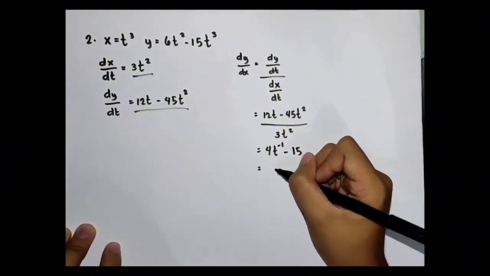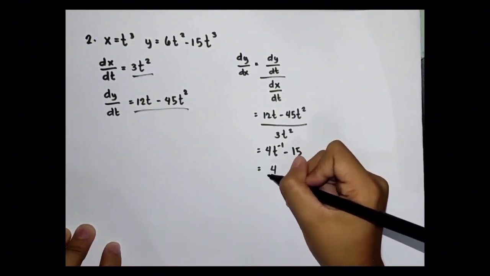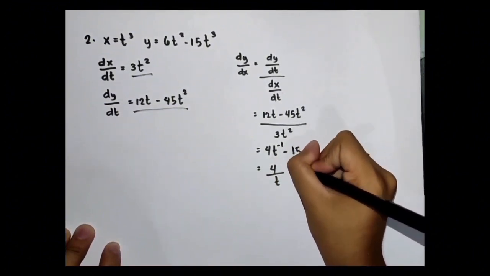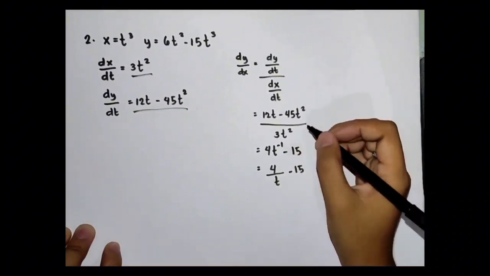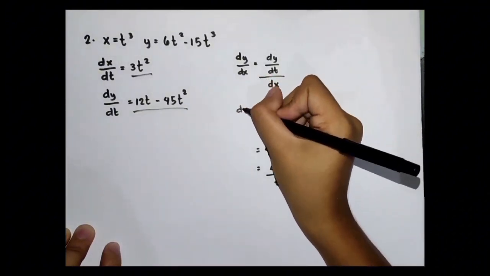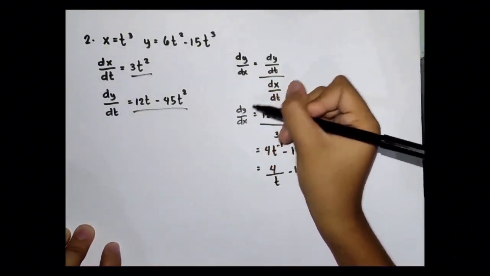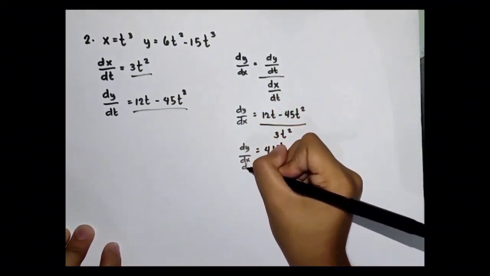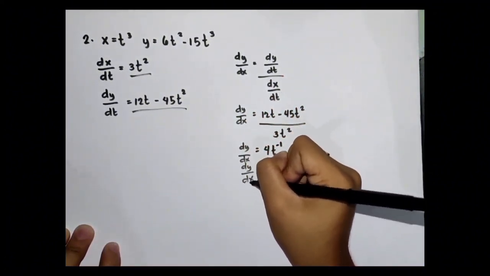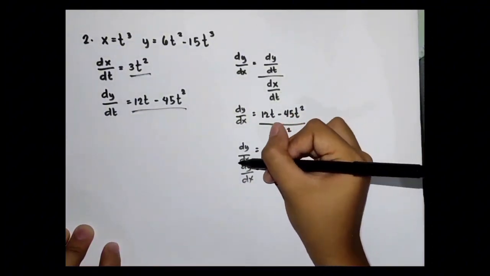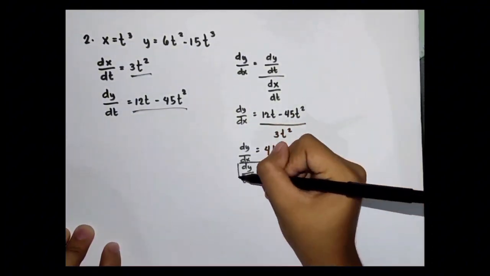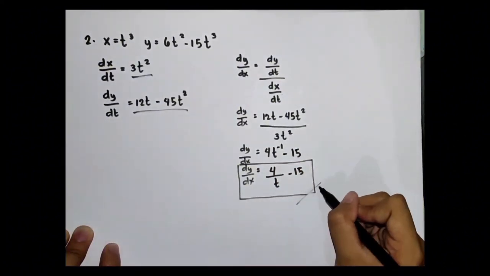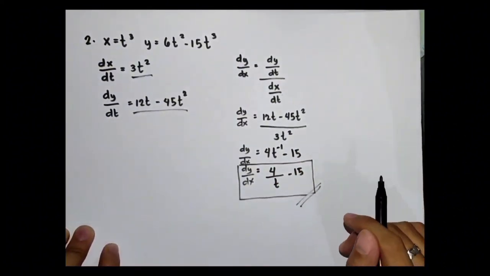We're just going to put the t as the denominator of 4 to make it positive. So 4 over t minus 15. So this is the final answer of example number 2.